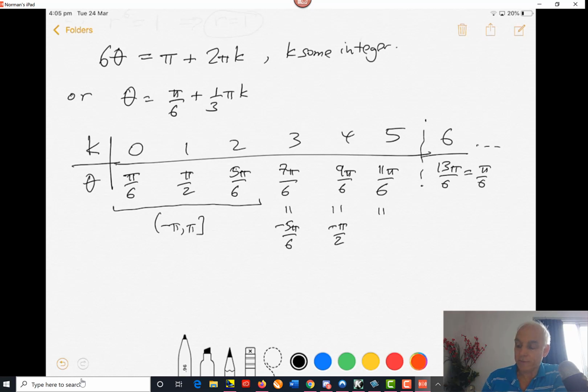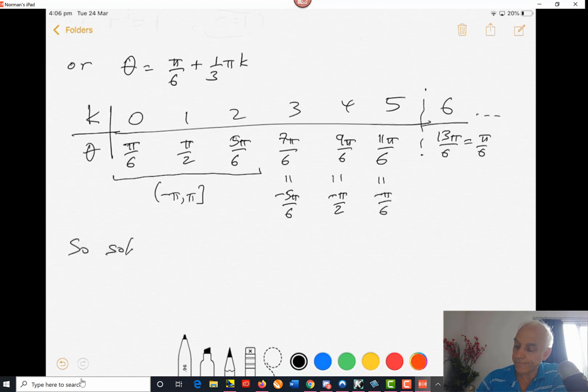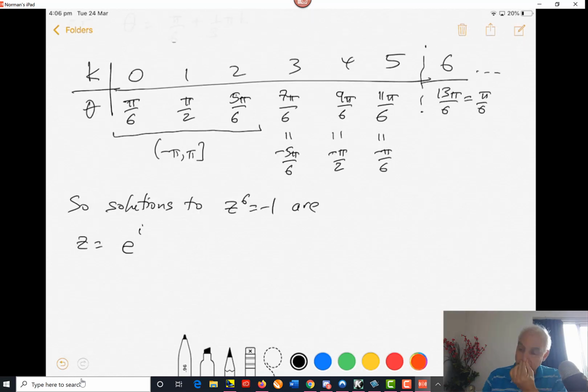z equals e to the i pi on 6, and I'm going to put e to the minus i pi on 6 just beside it because, well, those are complex conjugates. So they kind of naturally go together.